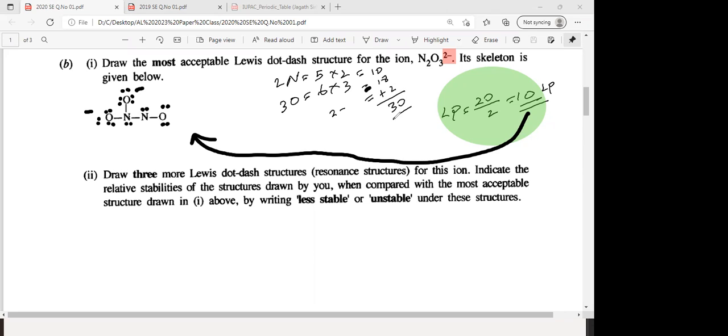Then 30 minus 8, you get 22. 22 divided by 2, you get 11 lone pairs. I was checking, one is missing here. Then okay, you can put 2 lone pairs here.